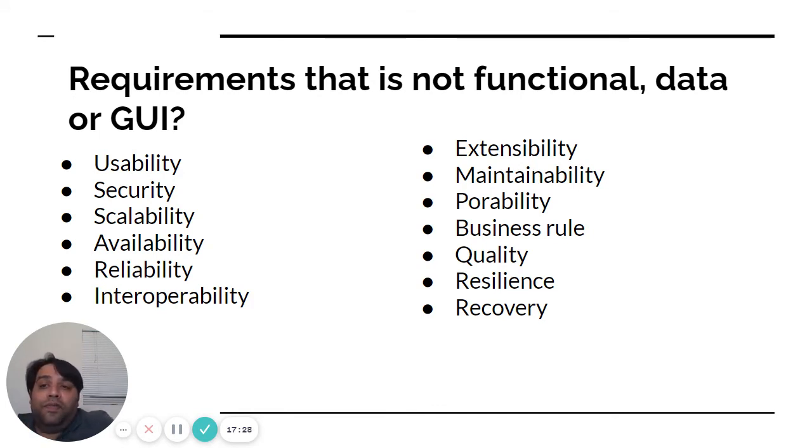So let's go one by one. First one is usability. Whatever system you are using or developing, how usable is it? Is the usability of the system good, bad? Security is what? Is it good security? Is it a secure website or secure product that we are developing?